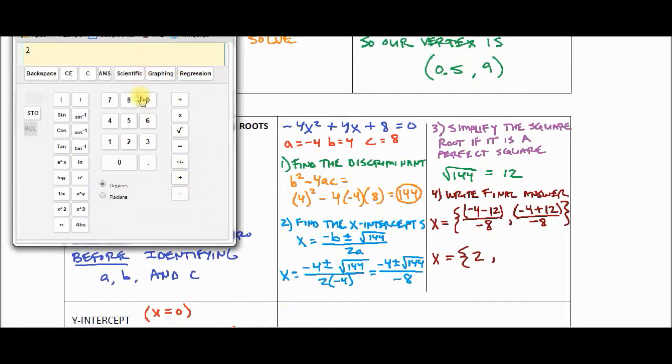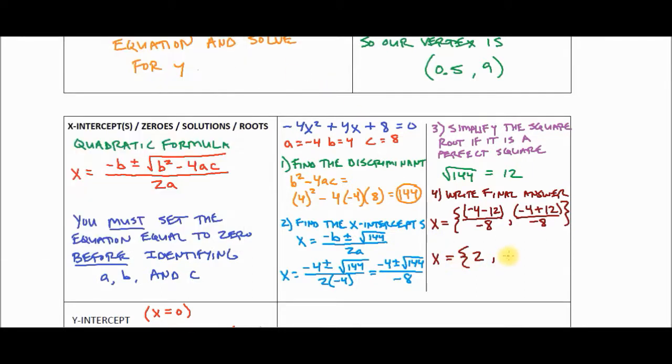Our other one, let's do the other one. So parentheses -4 plus 12, close parentheses, divided by -8. When we add 12, we get -1. So our x-intercepts for this particular equation can be at 2 or at -1.